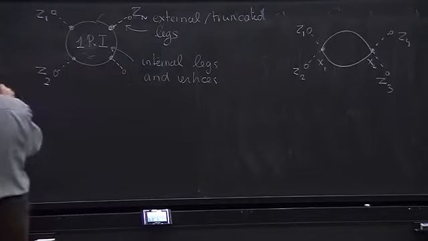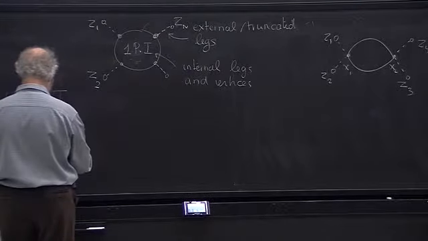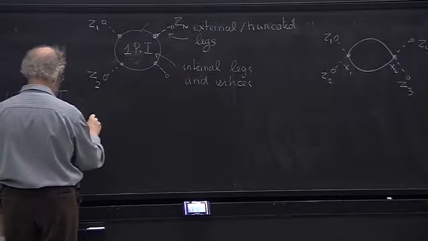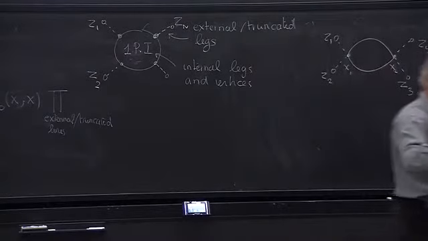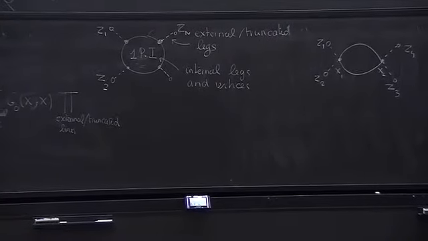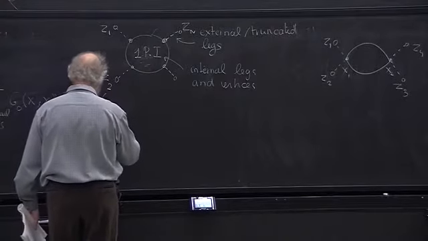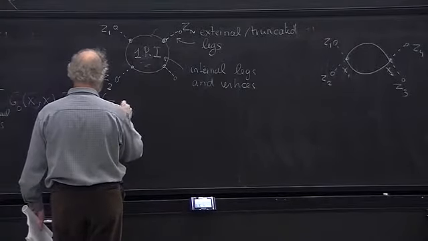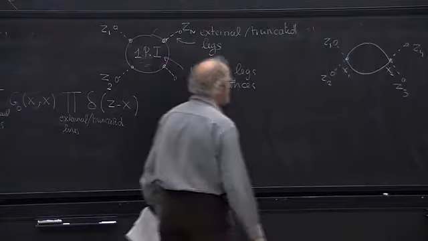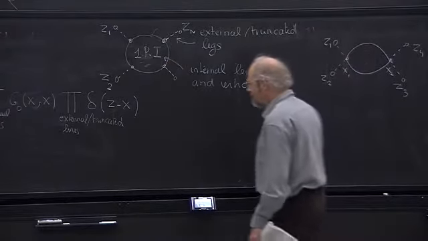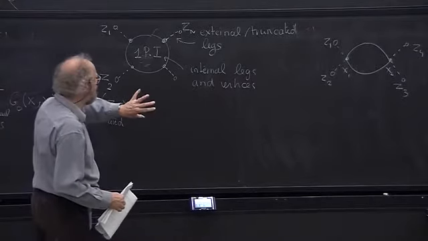But then, for the external lines, or truncated, I don't want them to play a role in the amplitudes because they are in the tree. So I just introduce a delta function of z and x. You see, in this, the perturbation rule just enforces that z is equal to x.